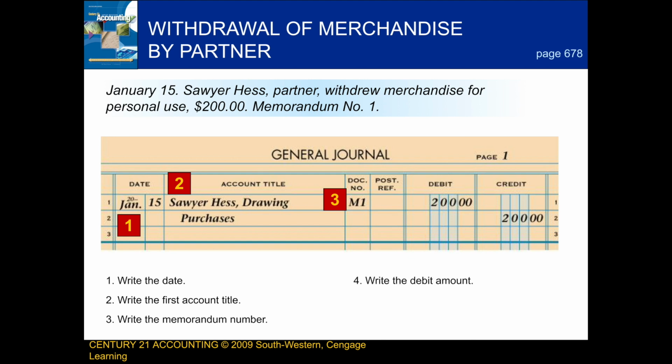Following that, we write the debit amount, which is $200, in the debit column. Then, we indent about 1 centimeter and write the second account title, which is purchases, in the account title column. And finally, we write the credit amount, which is $200, in the credit column.